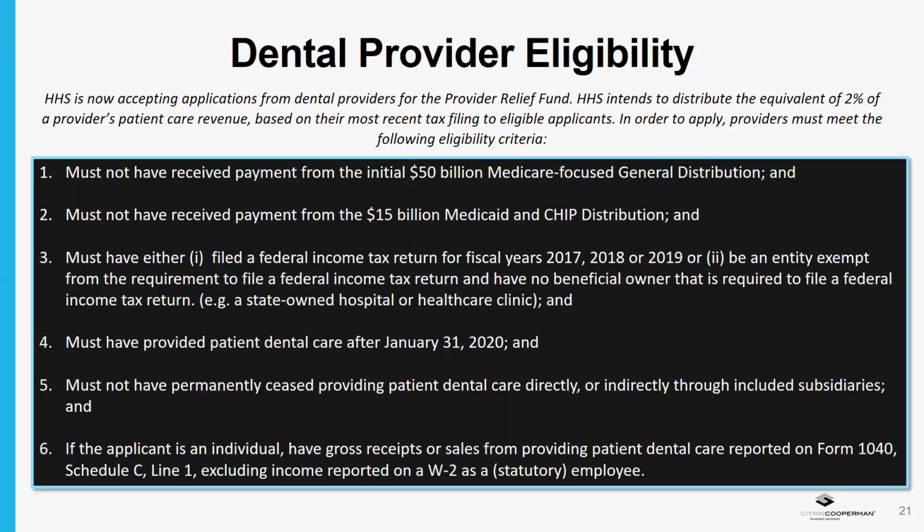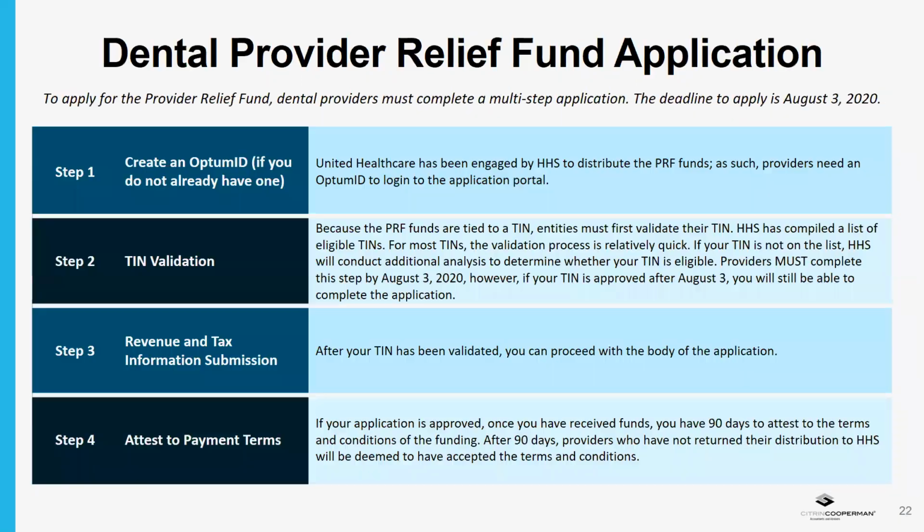And the key, if the applicant is an individual, which many of our dental providers are single member LLCs or sole proprietors, you have gross receipts from providing patient dental care reported on Form 1040. And on Schedule C, we use line 1, and we exclude any income reported on a W-2 as a statutory employee. Next slide, please.